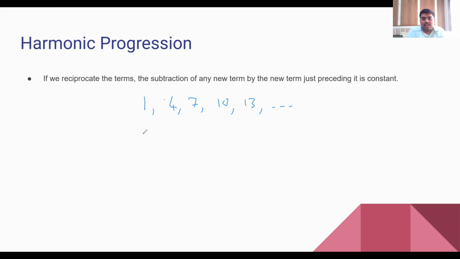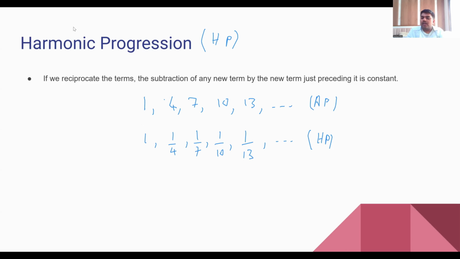But in the case of an HP, we have 1, 1 by 4, 1 by 7, 1 by 10, 1 by 13, and so on. So this is an AP and this is an HP. So that's like the introduction about HP.